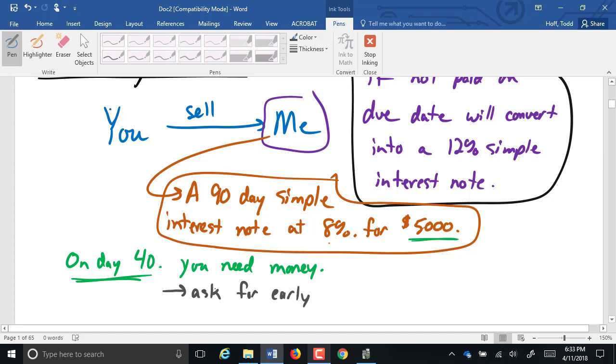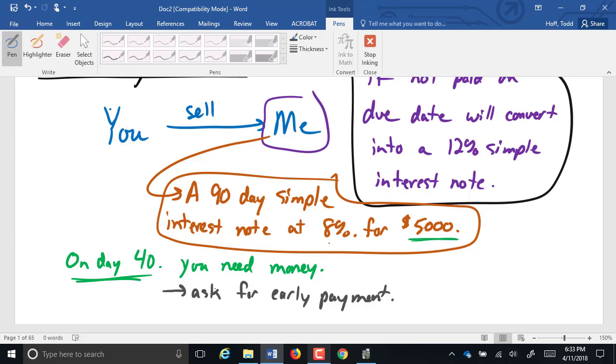Sell a kidney, right? You can ask me for an early payment. You might, and there are options here. You might say, hey, I'll waive all your interest if you pay me the $5,000 now. I'll give you a break on the interest or whatever. There are several options that could come in there to try to get me to pay early.